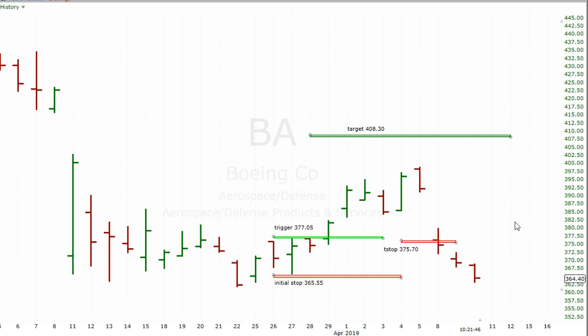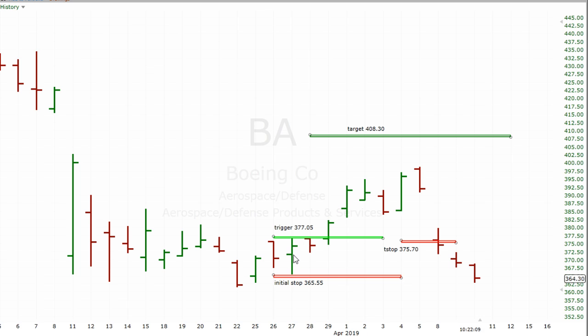Great example of how the system will get that initial stop moved up. And there's a couple interesting things about this real quick, and then we'll take a look at your slide. I noticed that the trigger price here was essentially the upper and lower end of this one big bar on the 27th.